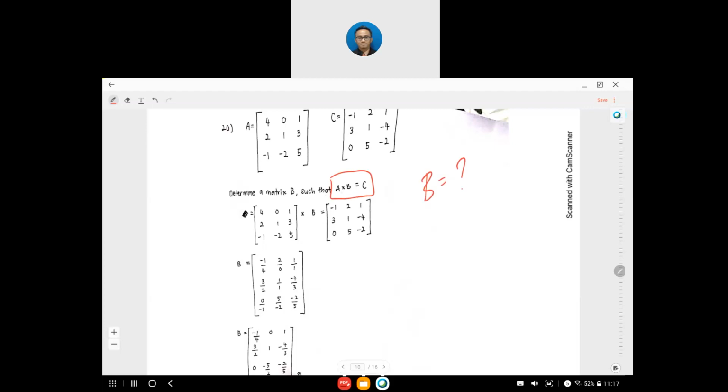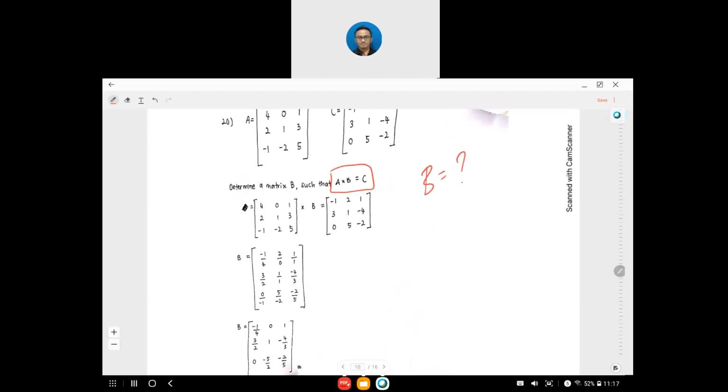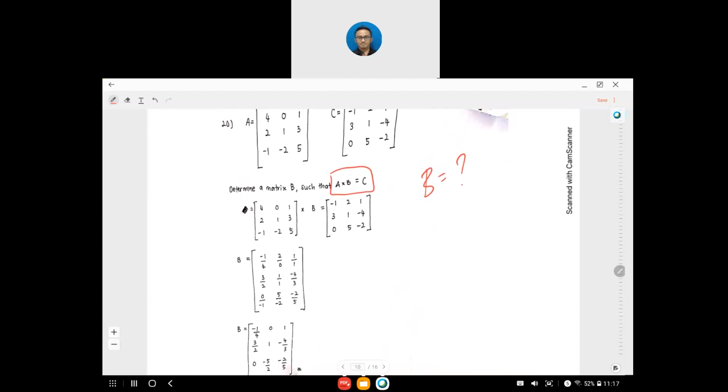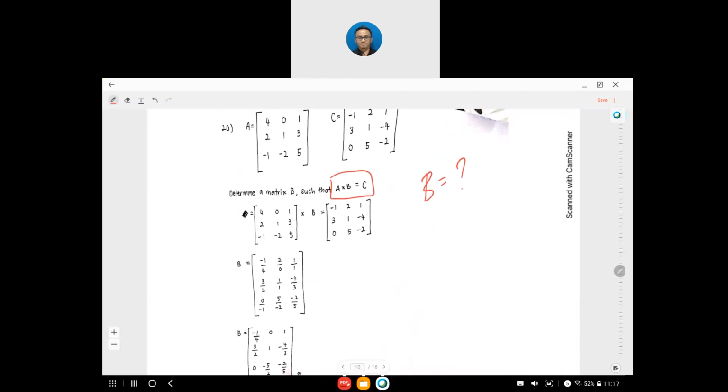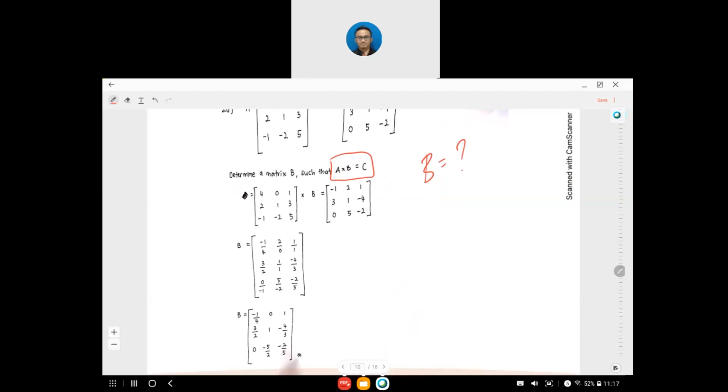So how to find matrix B? Macam mana nak cari matrix B ni? How to solve it? Okay, dia macam ni cara nak solve dia. Macam mana awak nak cari matrix B? Tak boleh kalau awak buat macam ni. Ni kan dalam konsep inverse.